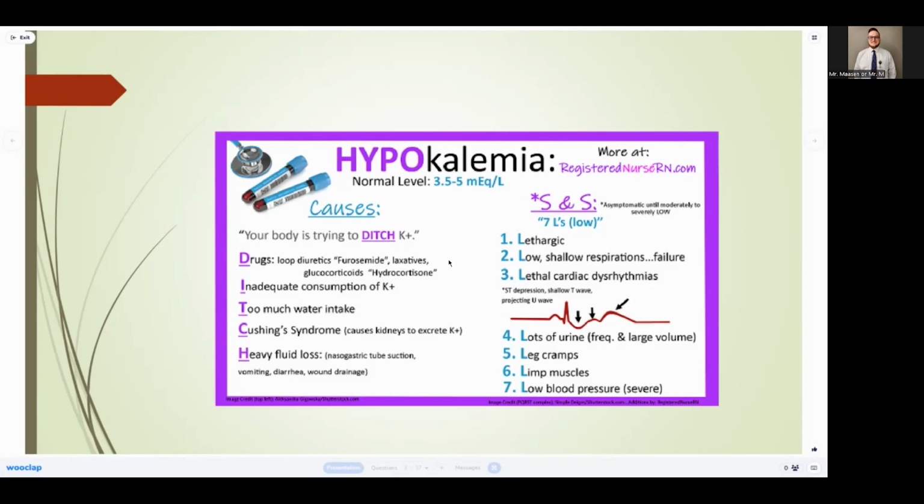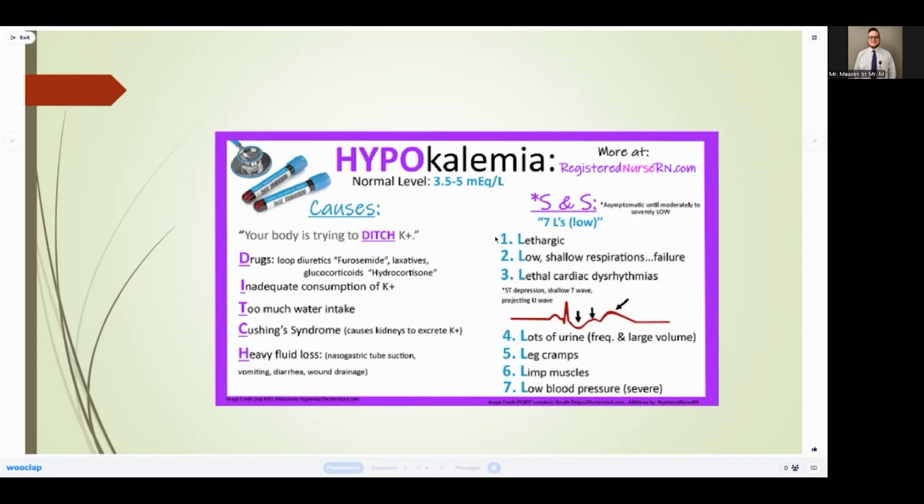Not enough consumption of potassium, not eating a lot of foods with potassium. Too much water causes fluid shifts. And then losing fluid, diarrhea, vomiting, those kinds of things. So think of hypokalemia as I'm losing fluid and it causes a lot of shifting.